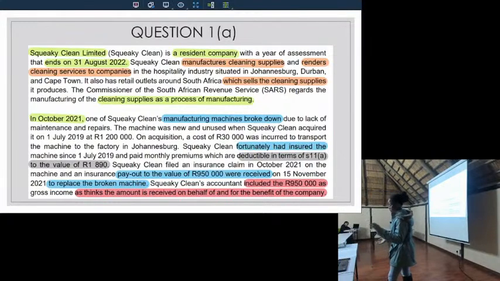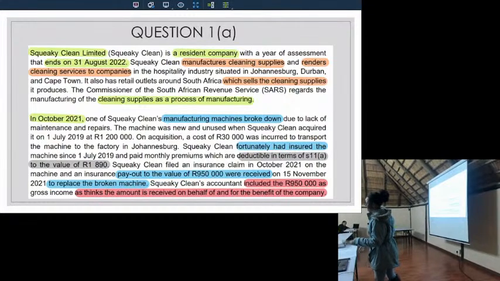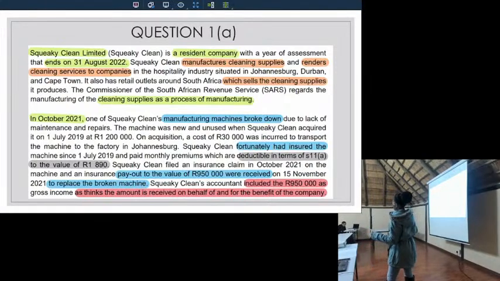The Commissioner of the South African Revenue Service regards the manufacturing of cleaning supplies as a process of manufacturing. So this is important for your capital allowance topic, which will be covered at a later stage. But the moment you see assets that form part of your manufacturing process, what will trigger is Section 12C, right? Because that's the section we use to claim our capital allowances.